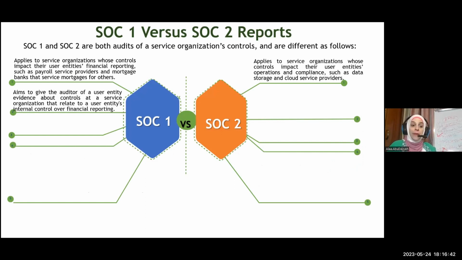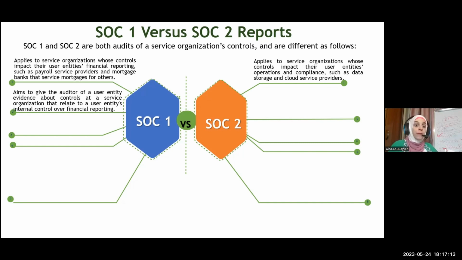So both of them, as we said, SOC1 applies to service organizations whose controls impact their user entities' financial reporting, like the payroll service providers, while SOC2 reports apply to service organizations whose controls impact their user entities' operations and compliance, like data storage and cloud service providers.